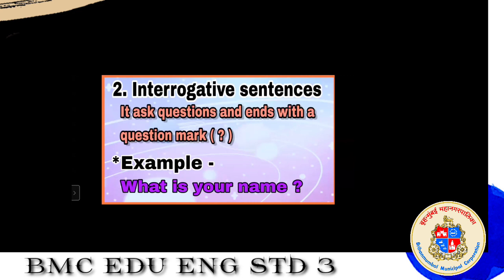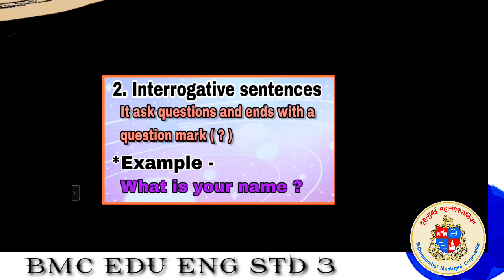These sentences are interrogative because I am asking questions. Okay, children, is this clear? First, we begin with a capital letter, like always when we begin a new sentence, and at the end we put a question mark. Okay, very good.